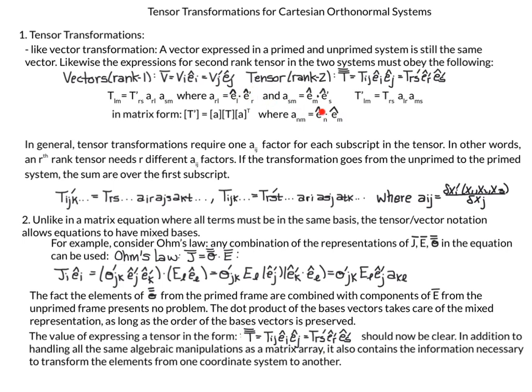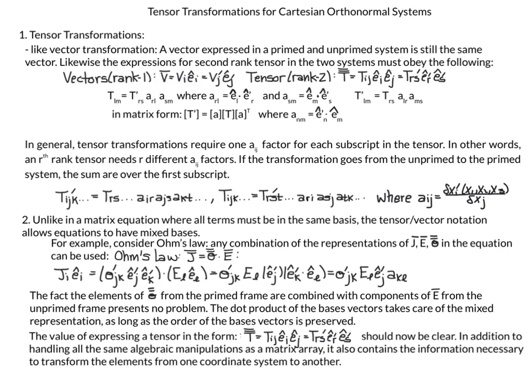We saw that this is the same equation, where the r becomes an n and the l becomes an m, as the equations we got when we did our vector transformations. It's just that now for the rank 2 tensor, we need two versions of our matrix A.